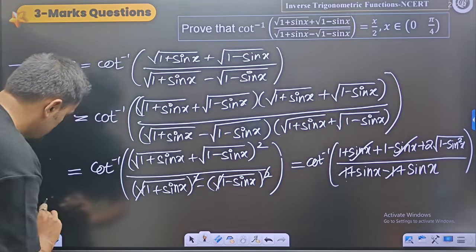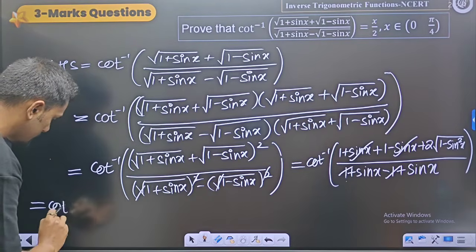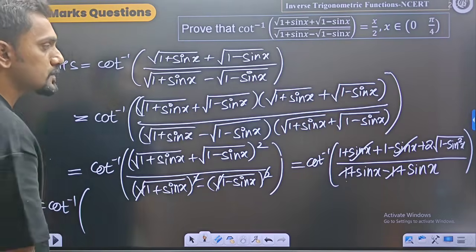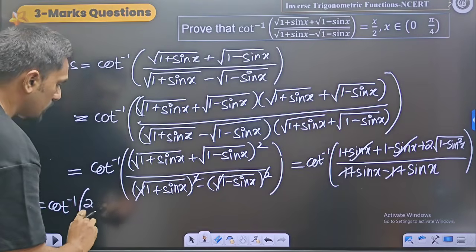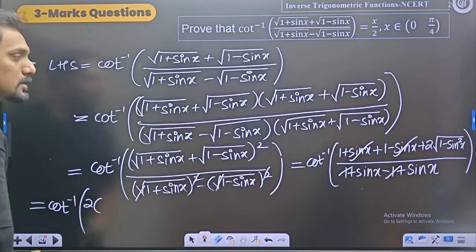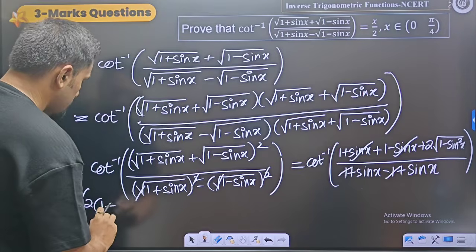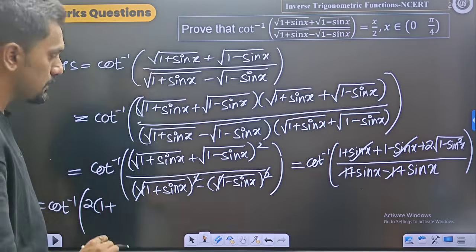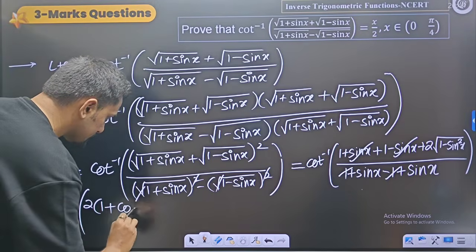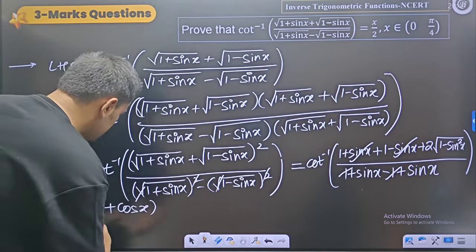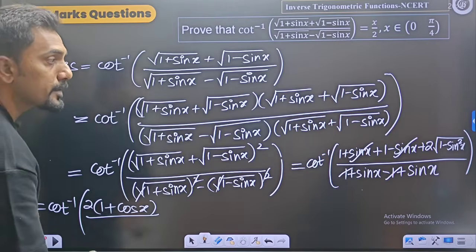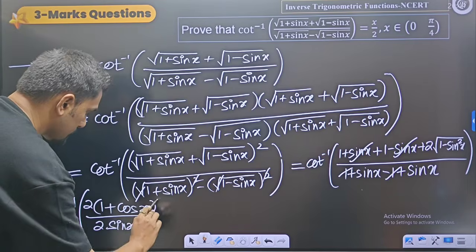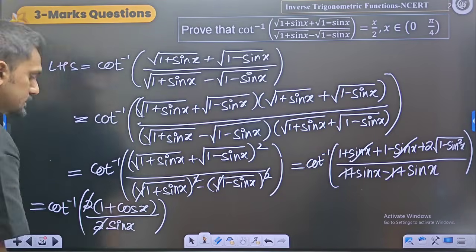So what it becomes is cot inverse of 1 plus 1 is 2. Let me take 2 common from the numerator. 2 into 1 plus under the root of 1 minus sin square x will be cos x, divided by sin x plus sin x is 2 sin x. 2 gets cancelled again.